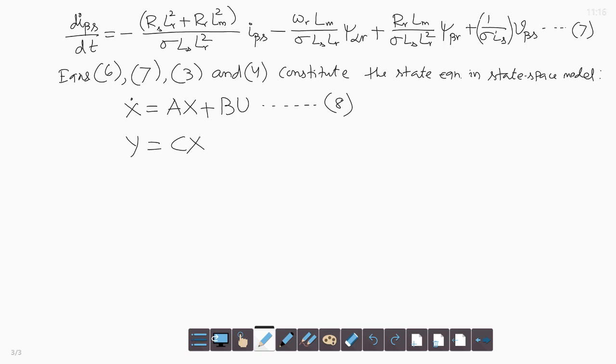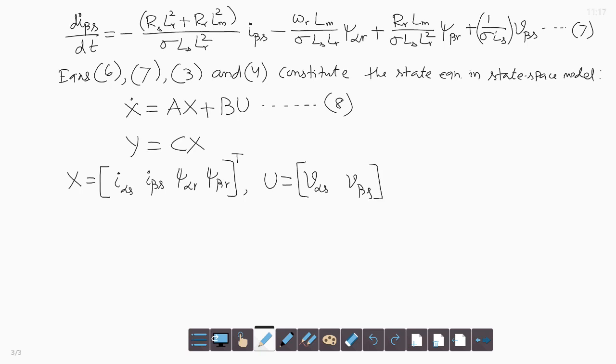Here x is the state vector, and the states are I alpha s, I beta s, psi alpha r and psi beta r. These are the state variables. State vector x is the transpose of this, and u is the input vector, that is v alpha s and v beta s, because in the induction motor we apply voltage to the stator.